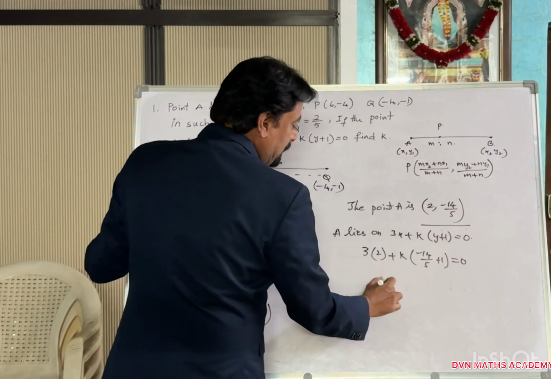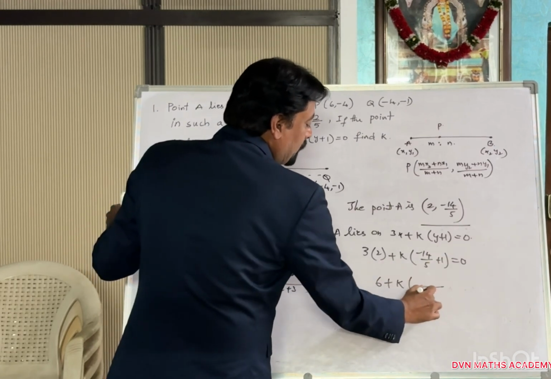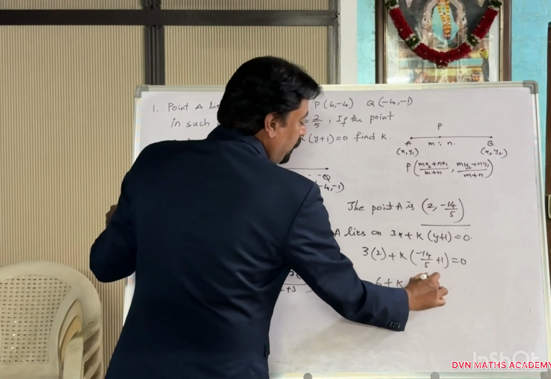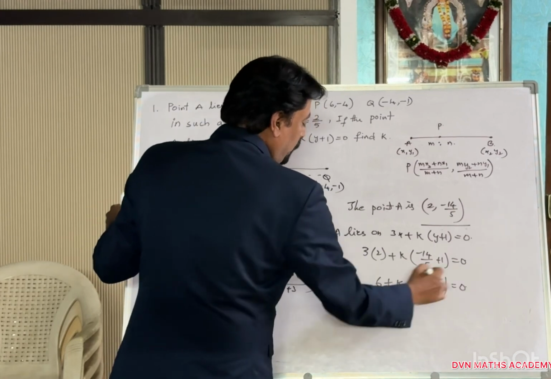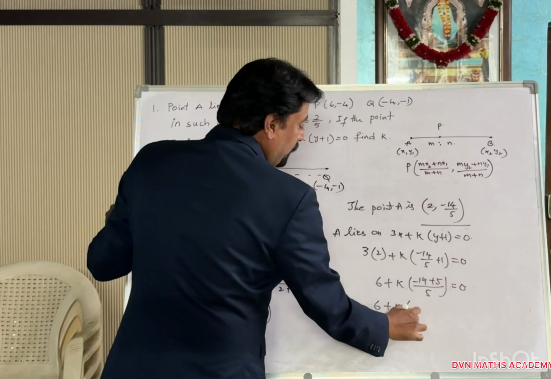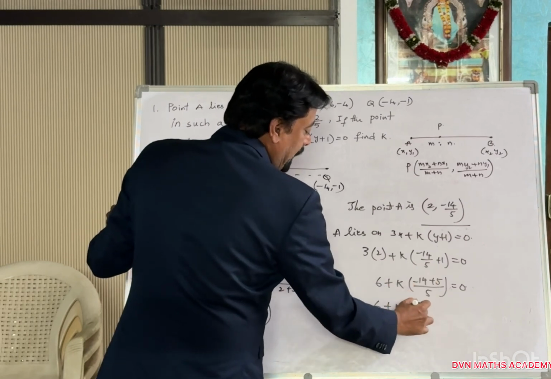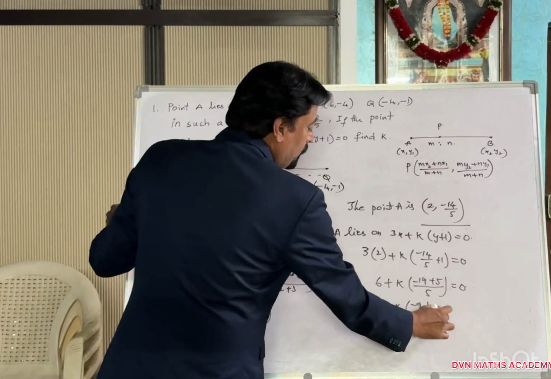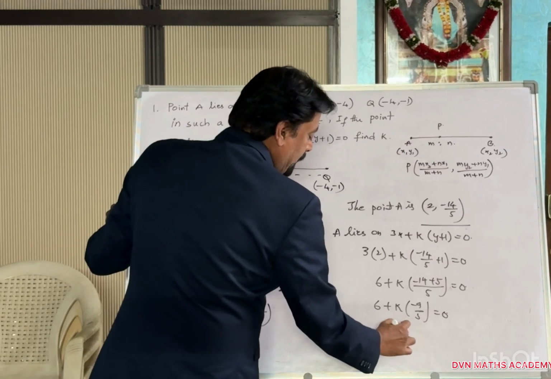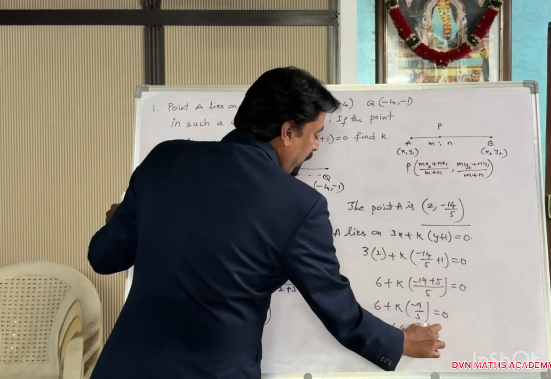So 6 plus k of (-14 plus 5) by 5 is equal to 0. So 6 plus k of -9 by 5 is equal to 0, so k of -9 by 5 is equal to -6.